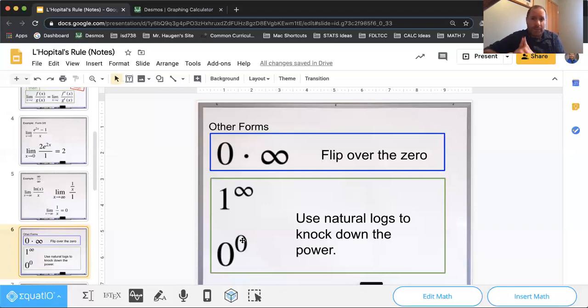Now, I want to make it very clear. Specifically, 0 to the 0 is just straight up undefined. You can't do it. It's like dividing by 0. This is not possible to do. Okay? It is not possible to have an answer for just this. But since we're taking the limit and we're getting close to 0 to the 0th power, that's what we're evaluating.